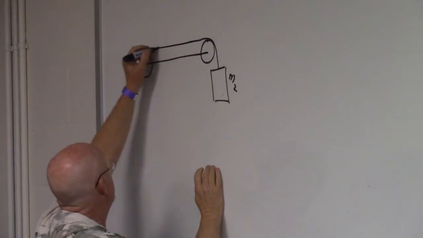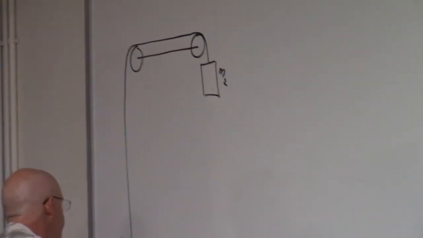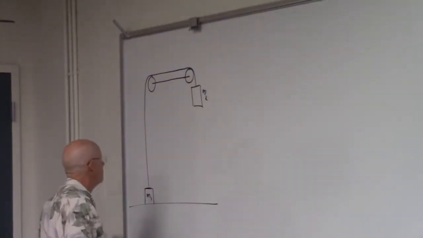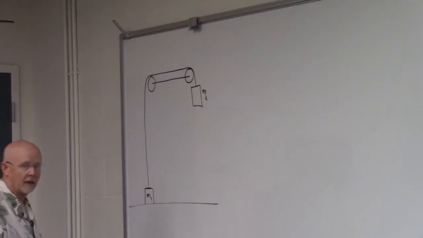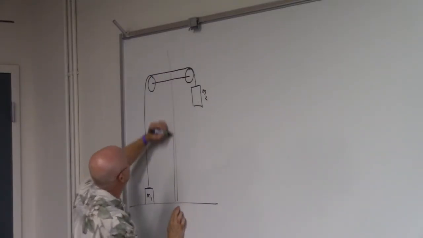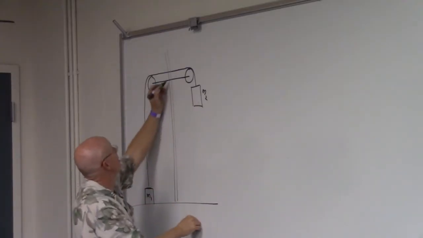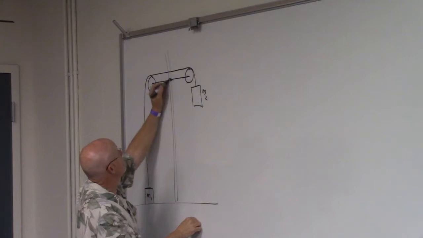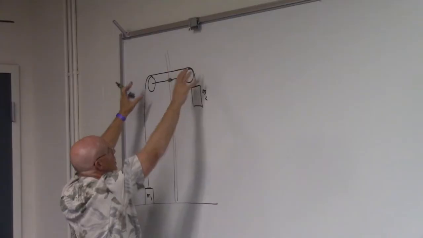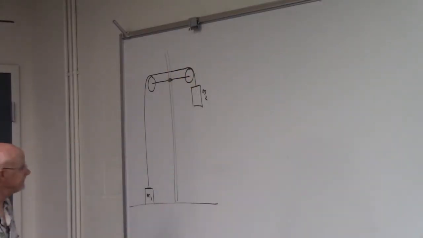And then over here, down on the top of the table, was the lighter mass, M1. And of course, to hold all this up, I had a little bench rod that was connected to my laboratory bench, and I had a right angle clamp right here that would clamp the post of the pulley here. And that's what you were watching.